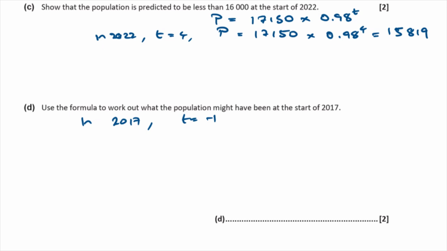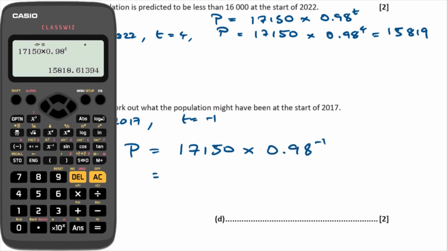Does it work? Let's find out. So then P is going to be equal to 17,150 multiplied by 0.98 to the power of minus 1.